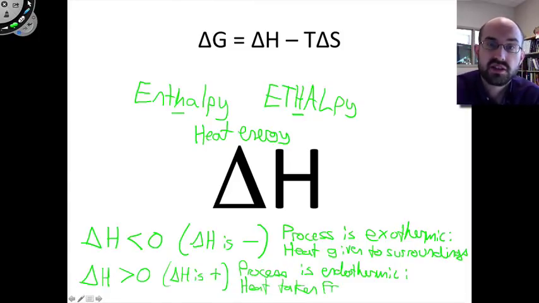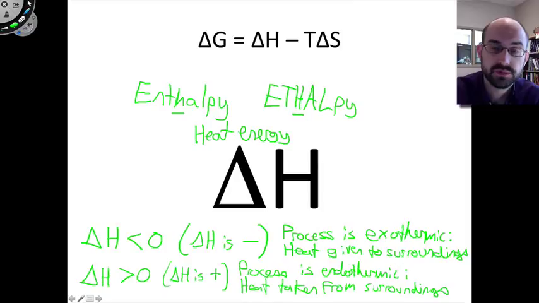What that means is that heat is taken from the surroundings, and that makes the surroundings cool down. So perhaps the easiest example there is a campfire burning. When a campfire burns, the surrounding area heats up, so the delta H must be negative.